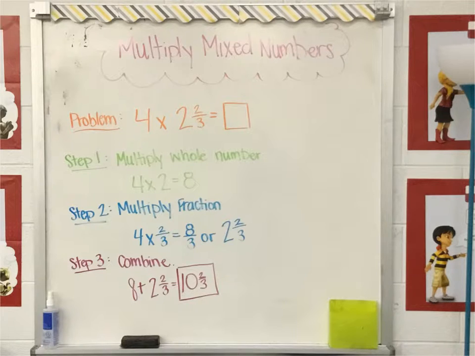So the knowledge that we already have that's going to help us is multiplying whole numbers. That's very simple. We've been doing it since 3rd grade and now again in 4th grade. We also learned last week how to multiply fractions. So you learned how to multiply unit fractions that have numerators of 1, and then later in the week you also learned how to multiply other fractions that had numerators other than 1.